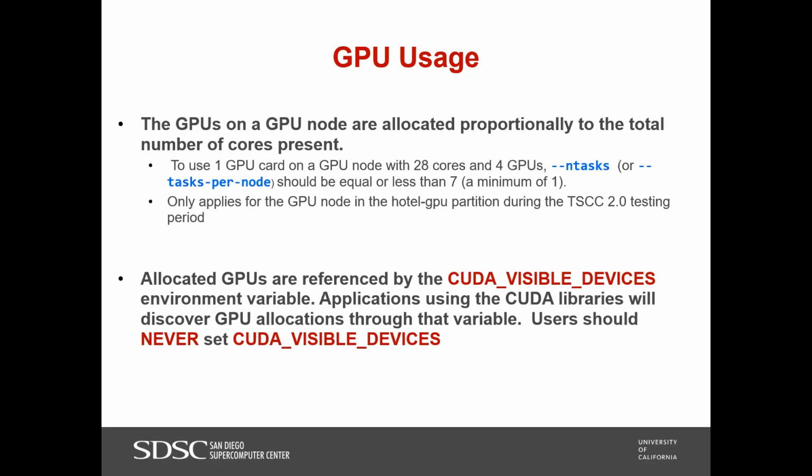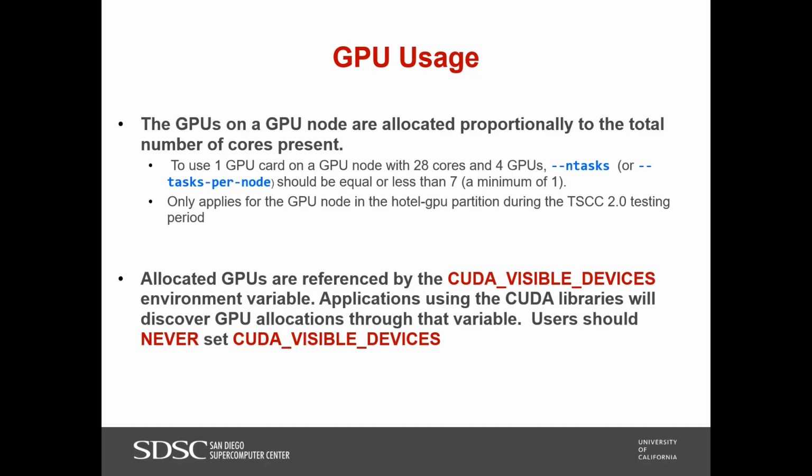So that's the current up-to-date configuration. So if you are using one GPU card, you can choose to use at least one CPU core, but at most seven CPU cores.